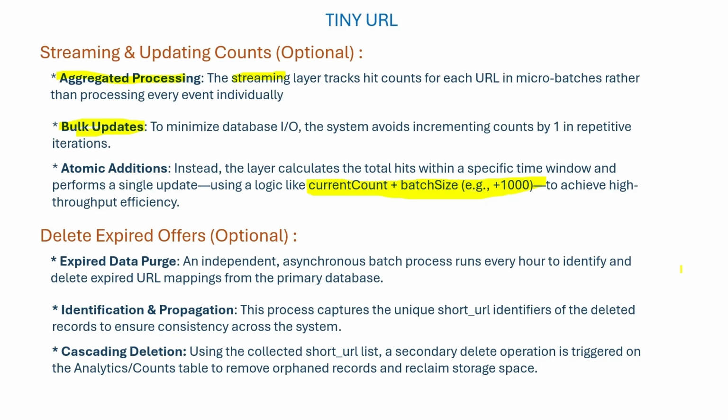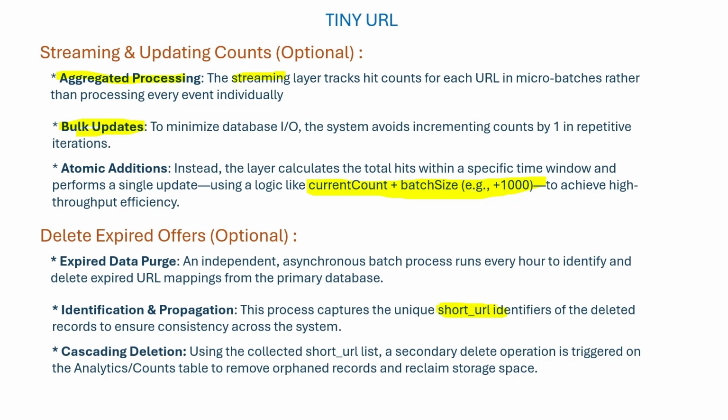What it would do is first fetch the short URLs of the expired offers from table one, delete the expired offers from table one, and then using the captured short URLs, go back to the analytical table, which is the count table, and delete the entries from there as well.